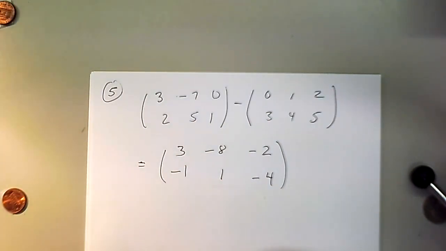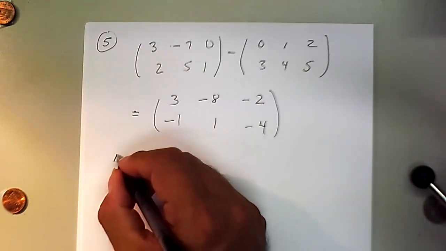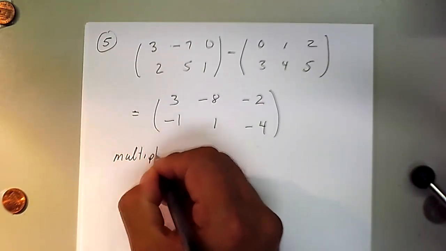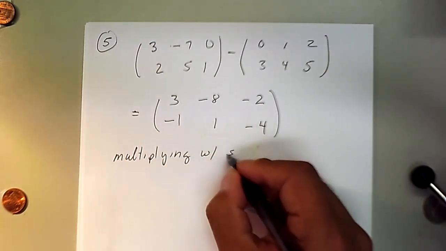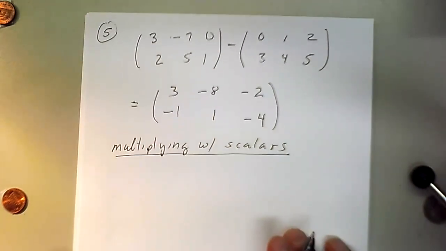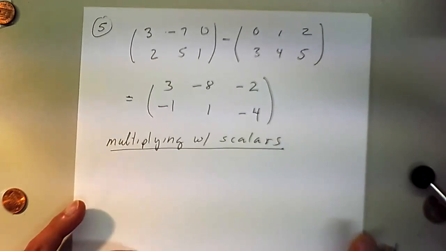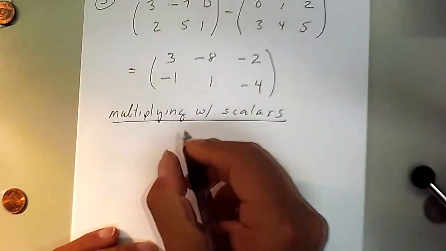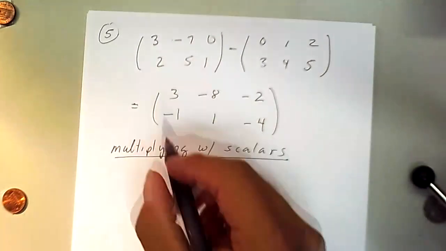Okay. We can multiply matrices with a scalar. Multiplying with scalars. So in a way, this is very much the same as a vector when you think about it. So let's take our old matrix.